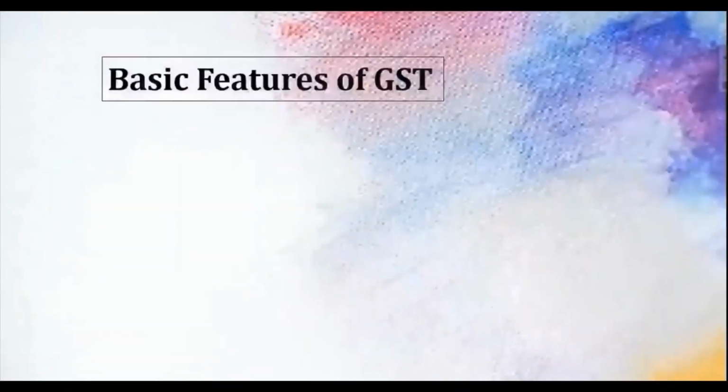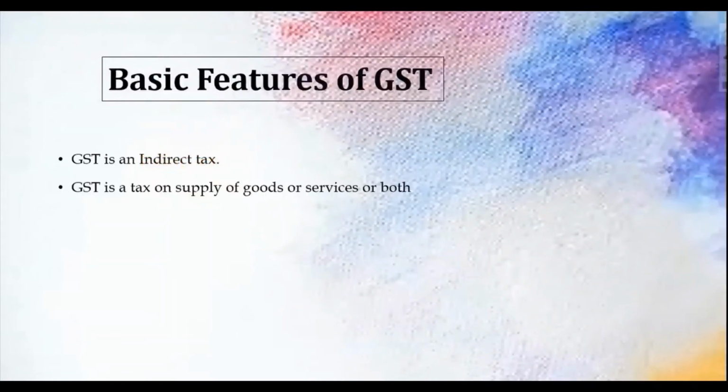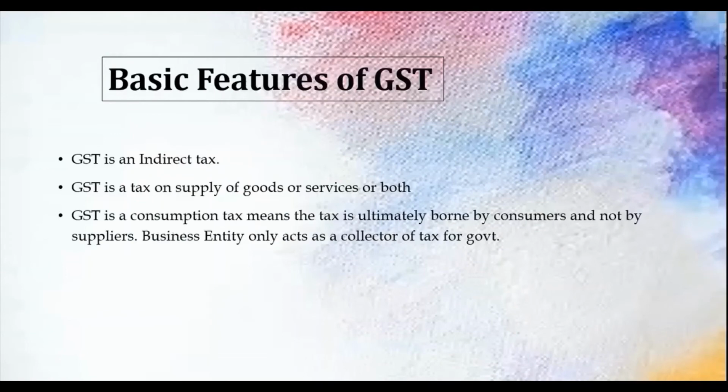Now let us see the basic features of GST. GST is an indirect tax. It's a tax on supply of goods or services or both. It is a consumption tax, means tax is ultimately borne by consumers and not the suppliers. Suppliers, being the business entity, only collect taxes, and act as a collector of tax for the government.